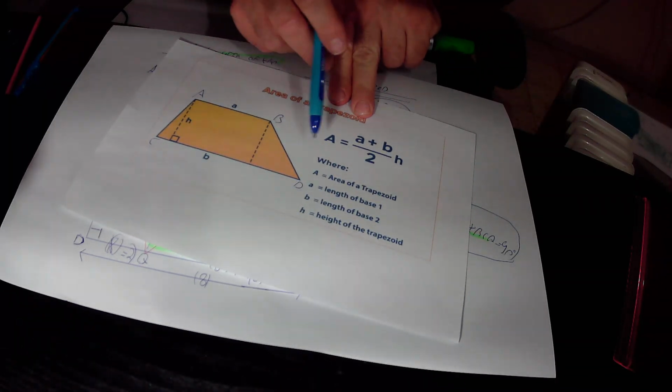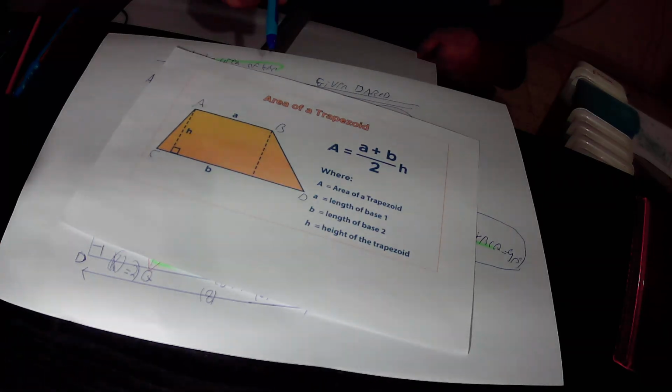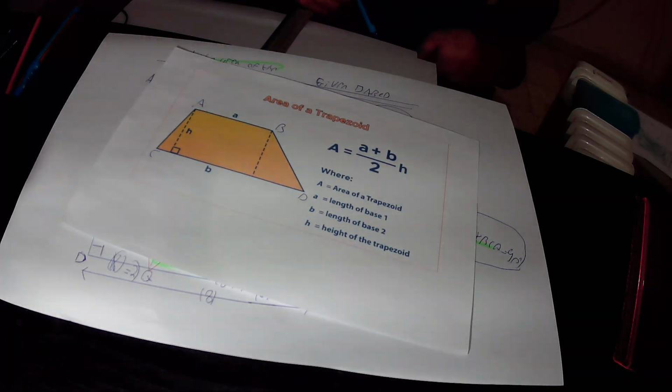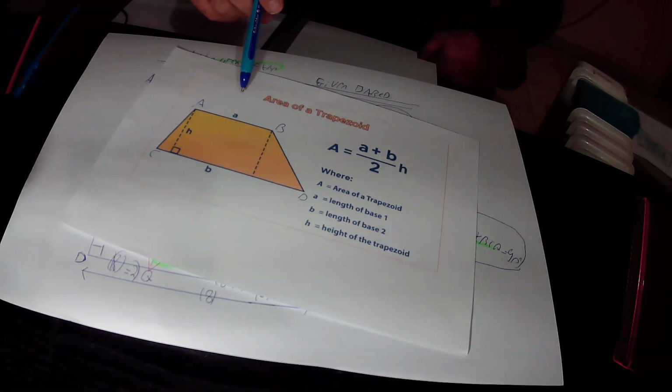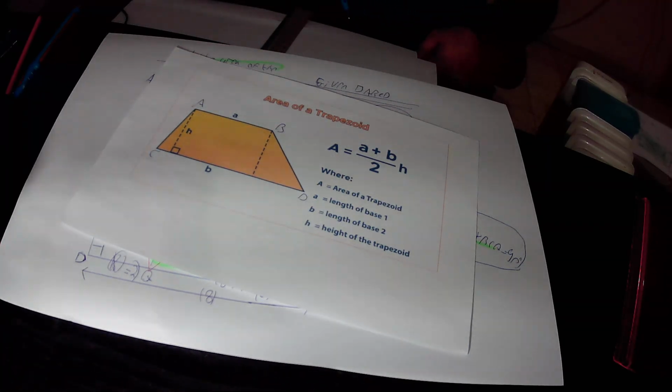This is trapezoid ABCD. The area equals the sum of its two parallel bases, that is to say, A plus B, times the height, over 2.